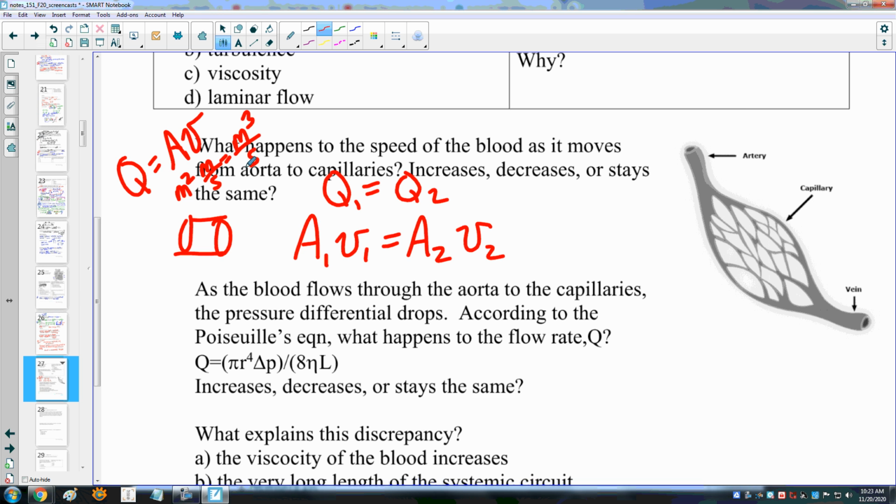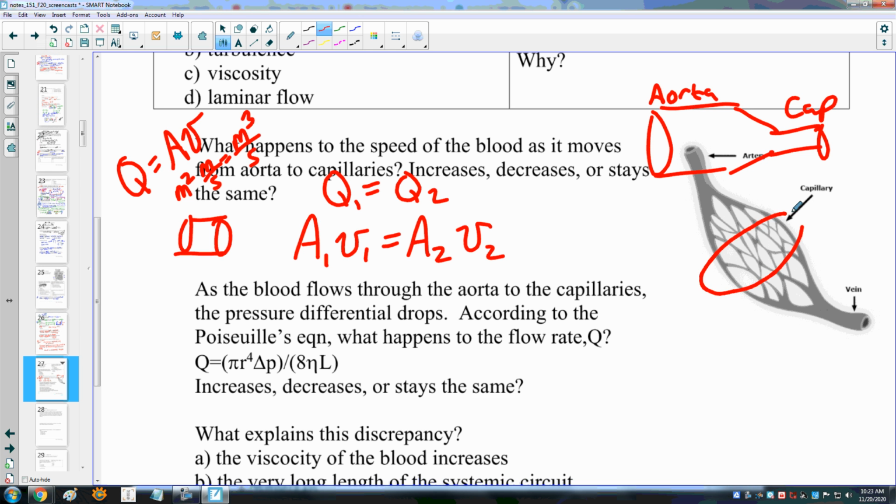You might say that's sort of like this situation, where you would say this is the aorta, and these are the capillaries. That wouldn't be correct though. While it is true that an individual capillary is really small, the total network of the capillaries is actually bigger. And so really this situation is the opposite.